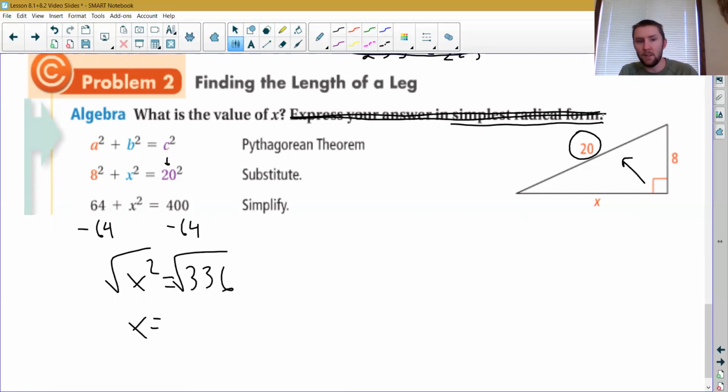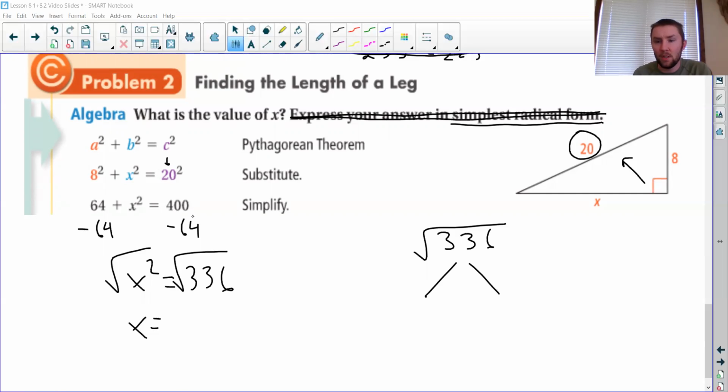Now, what that means is when I end up with the square root of 336, if it comes up as a decimal on my calculator, I have to do the split thing. I have to find a value that goes into 336 that I can square root very nicely and easily. That basically just involves trying different things. 336 maybe divided by 36.